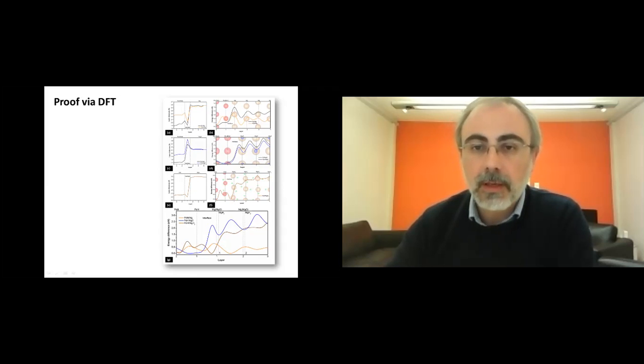The red atoms here correspond to palladium atoms, and the beige-brown are the magnesium atoms. And we calculate the barrier for the hydrogen atom to go through the interface. This is the same for magnesium oxide. The blue atoms here are oxygen atoms, so palladium-magnesium oxide barrier, and here the palladium-magnesium hydride.